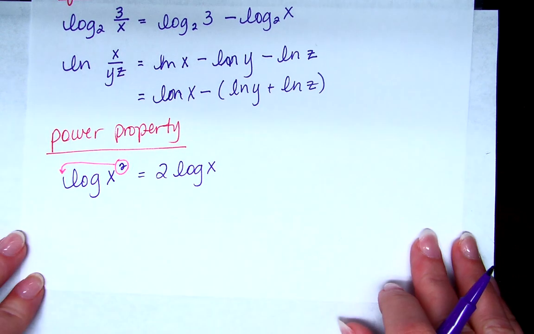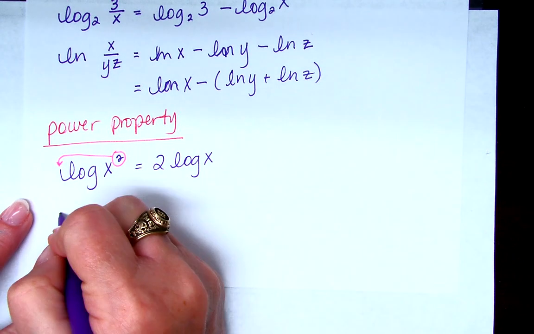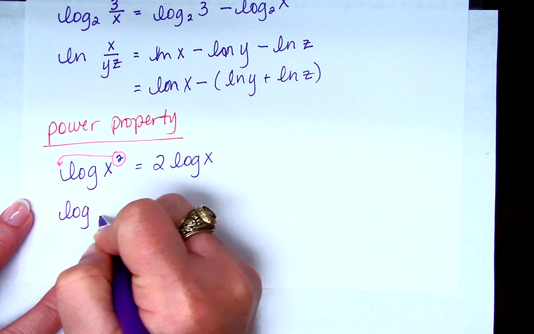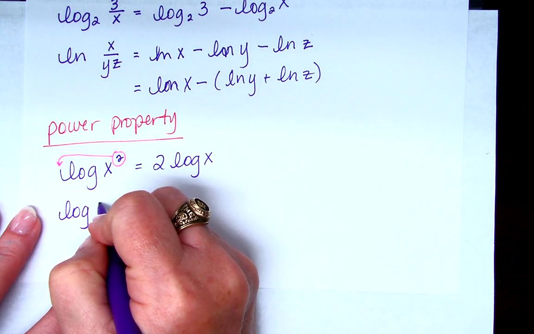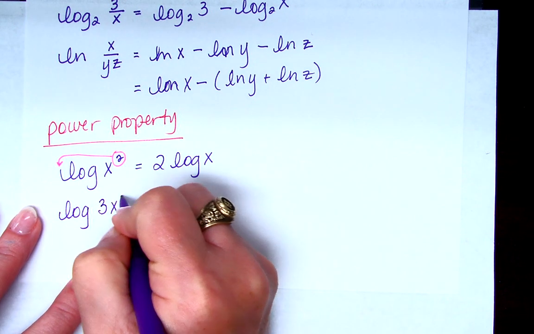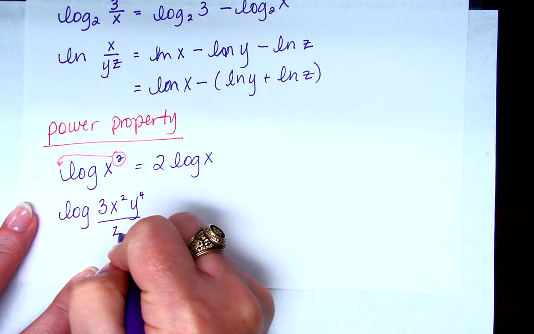Now can I give you a really tough one and see if you can handle it? Let's see, log of 3x squared y to the 4th over z to the 5th.